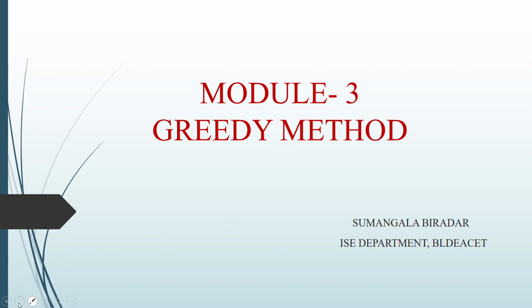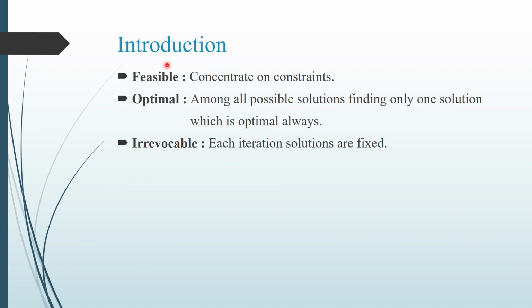How does this procedure actually work? To get that solution you have to follow some steps or procedures. For example, in the greedy method, first, it works to get the optimal solution based on feasibility. Feasible means concentrate on constraints.